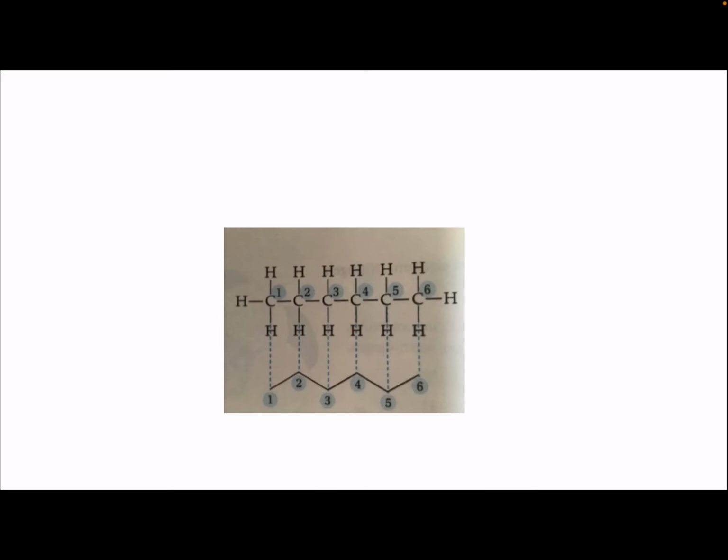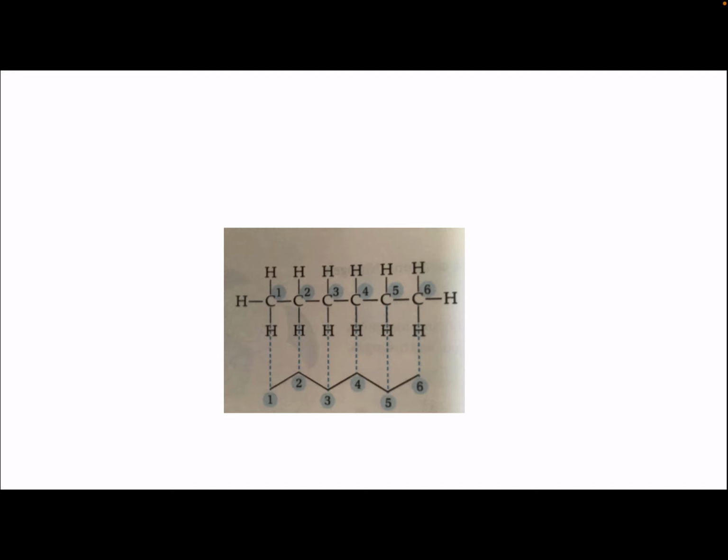This is the full structure of a molecule, what we call the structural formula. We can see every bond and every atom. But sometimes it is too tedious to write every atom, every bond, and every hydrogen atom. Let me explain. The structure on top is of a molecule called hexane.